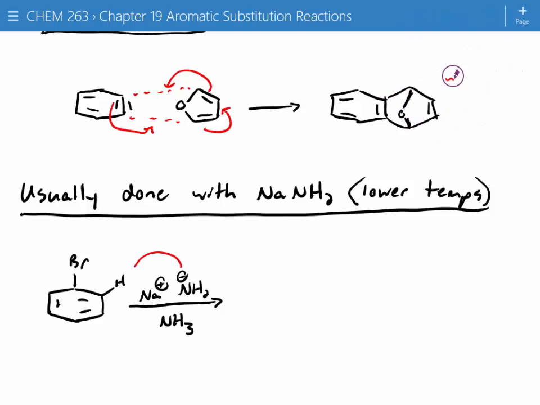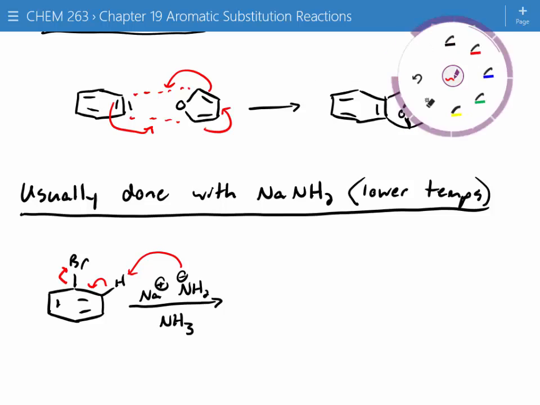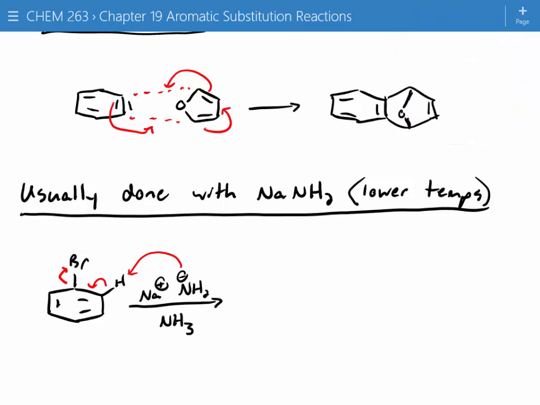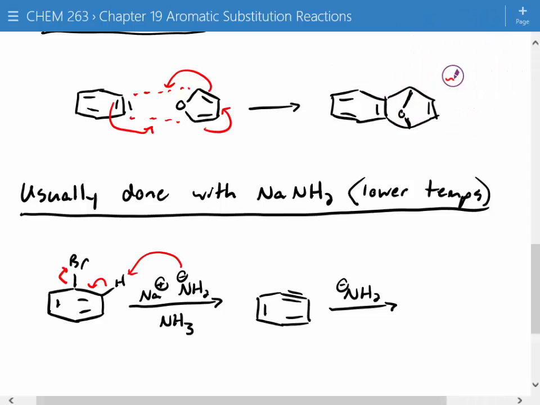So the first step will be the amide coming, clamping down, kick off our bromine. Then if you've got more sodium amide around, this can attack in, kick electrons over.